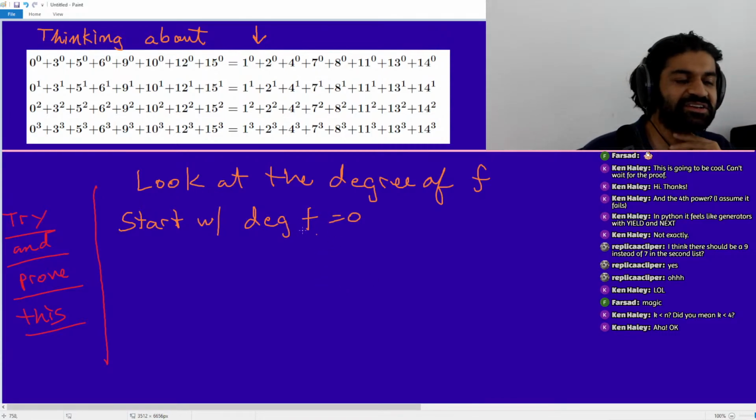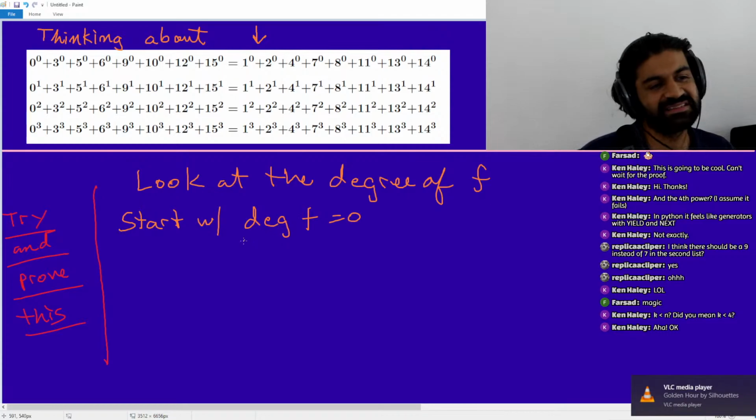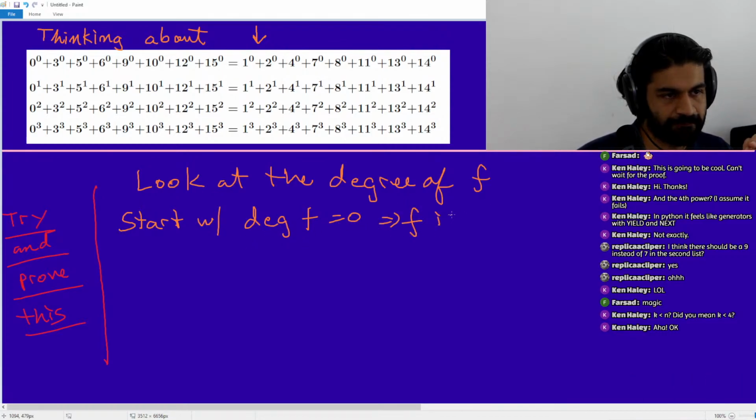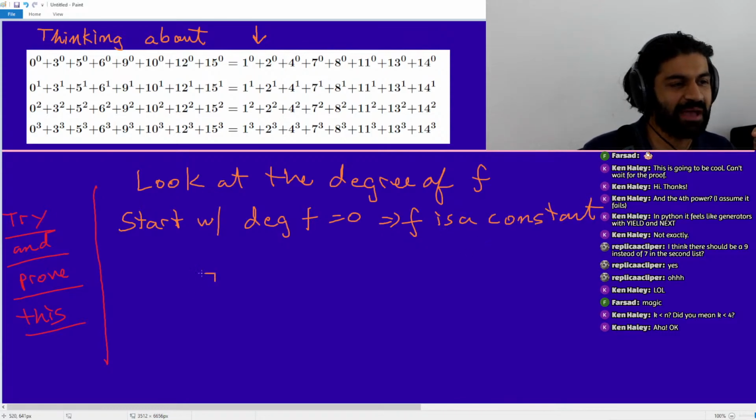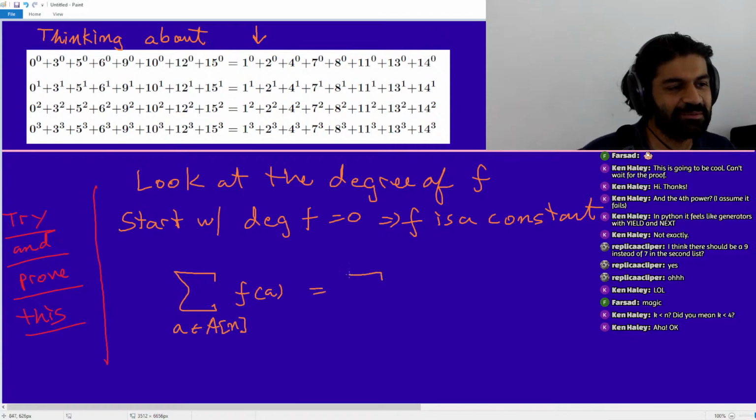If the degree of f is 0, then I'm just going to be adding a bunch of constants, and then this will always work. So if the degree of f is 0, then f is a constant, right? For example, if I plug all the terms in An into f, that's going to be the same as if I plug all the terms in Bn into f, right?